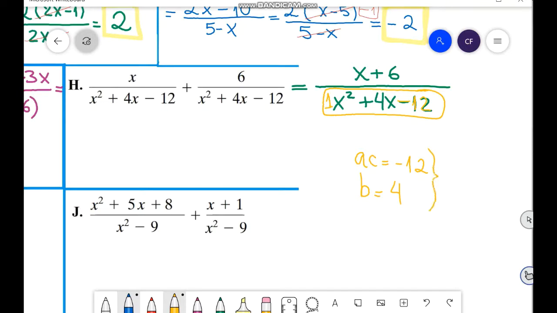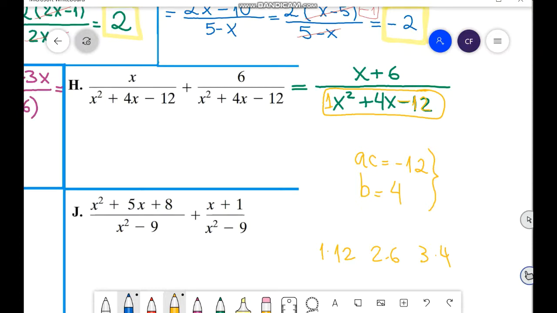You have to find two numbers that multiplied is negative 12, and if you add, you have 4. You can write down on a scratch paper just a few numbers, just to help you think. 12 is 1 times 12, is 2 times 6, is 3 times 4. Right? And the couple of numbers that we can combine, you can add or subtract.